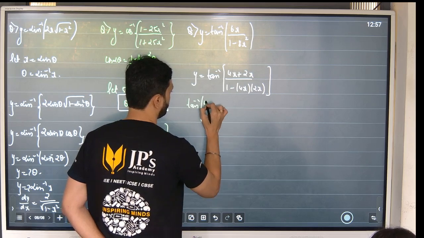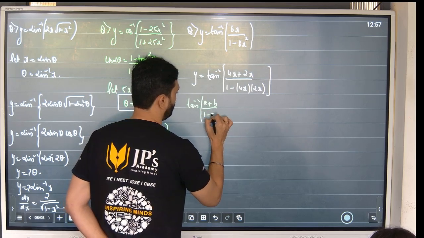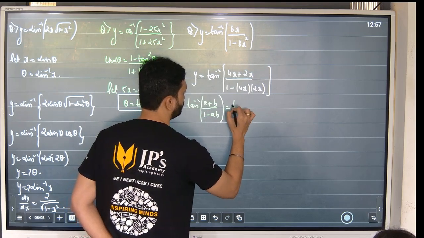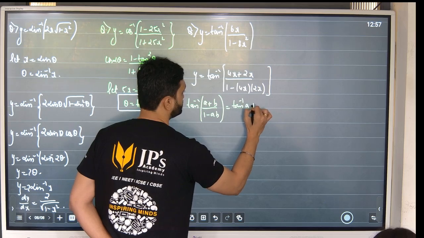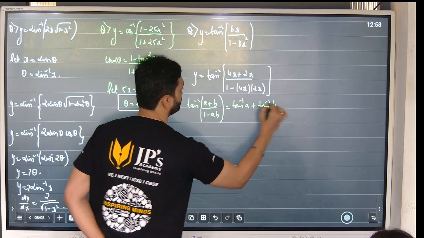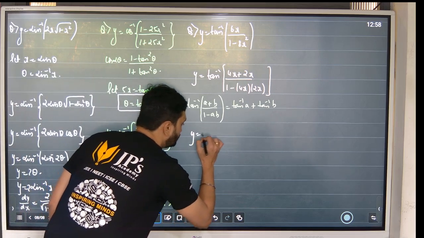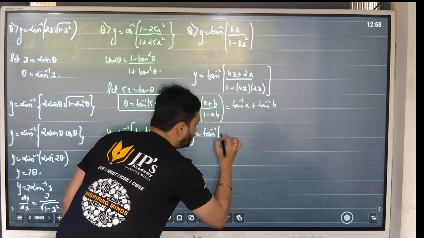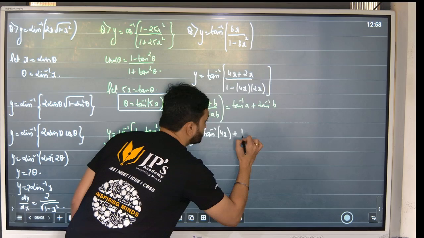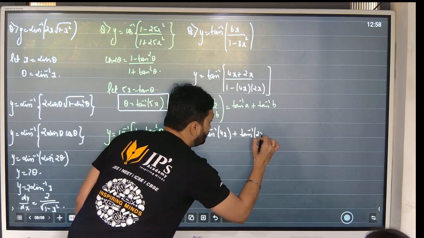Tan inverse of a plus b upon 1 minus ab is equal to tan inverse a plus tan inverse of b. Now, does this look like the same formula? If you remember in ITF, we had done the formulas where tan inverse x plus tan inverse y is tan inverse of x plus y upon 1 minus xy. So, what will I write here? y is equal to tan inverse of 4x plus tan inverse of 2x.